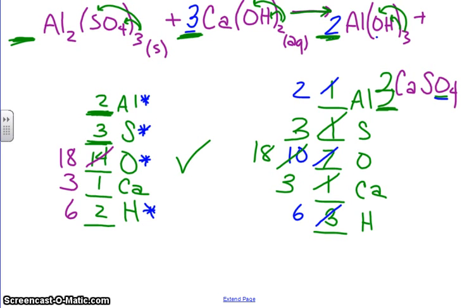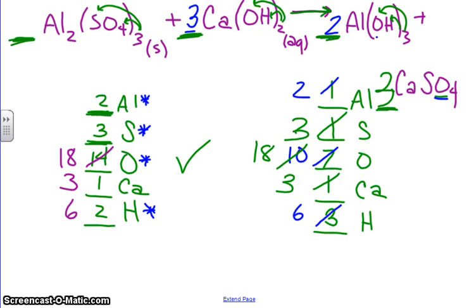Because before, if we got rid of this 3, okay, we just had 1 calcium, 2 oxygen, and 2 hydrogen. But when we put a 3 in front of it, when we have 3 calcium hydroxides instead of 1, it's just changing the ratio of what we added so that we have the same number on each side. So this 3 acts like a math coefficient.